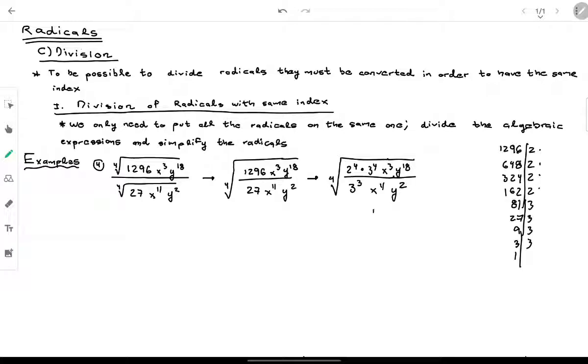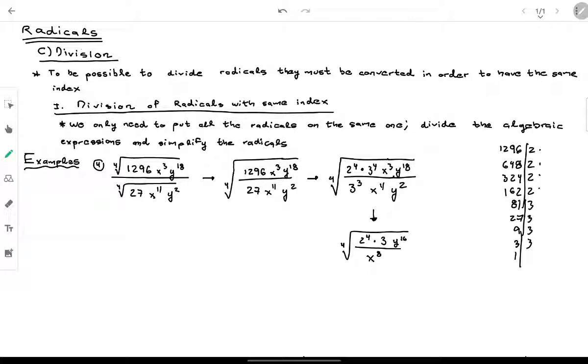So we can do the algebraic simplification, and it's going to be the fourth root of 2 to the 4 stays on top, 3 to the 4 and 3 cubed, it stays on top, it's going to be only 3. X cubed and x to the 11, it's going to be on the denominator because it's bigger. 11 minus 3, it's 8. What happens with the y? It's going to be y to the 16 because it's 18 minus 2.